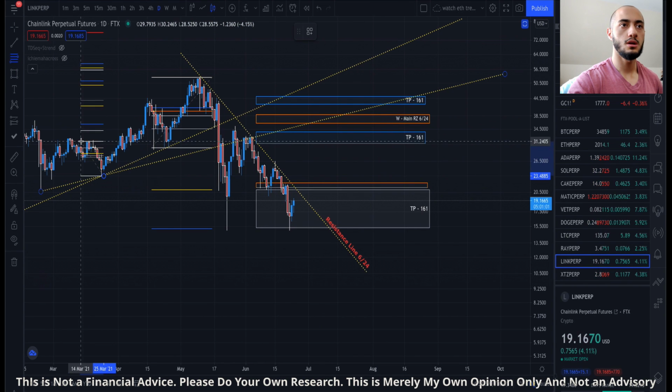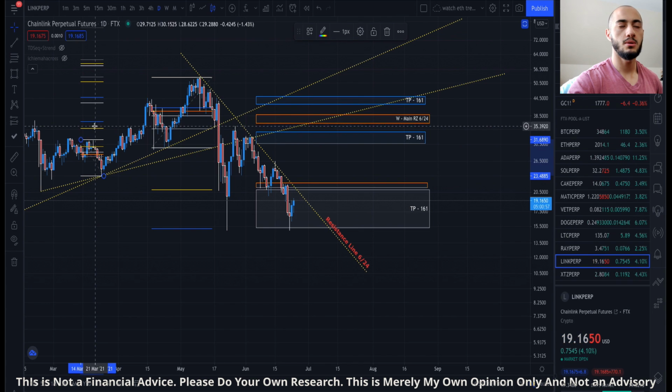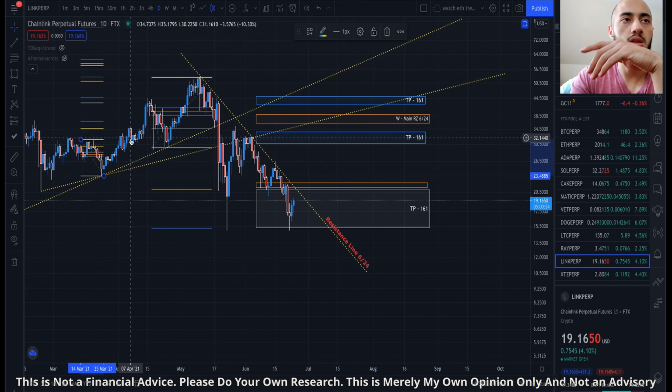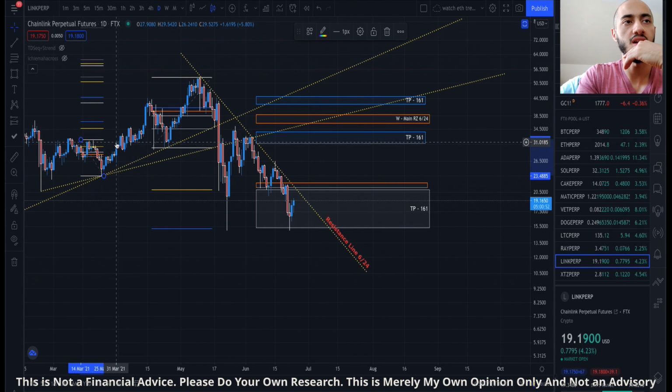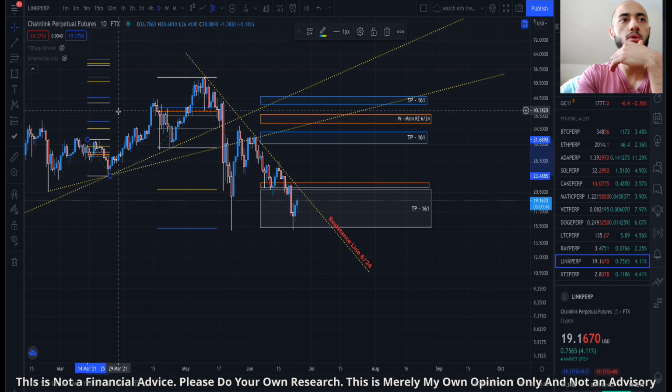One thing I like to check is the Fibonacci of the previous swings, to see if it's a 161 coin or a 261 coin.